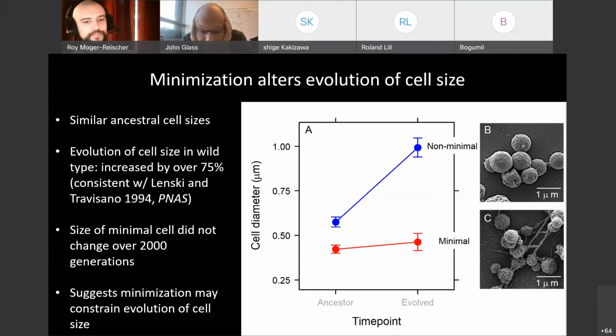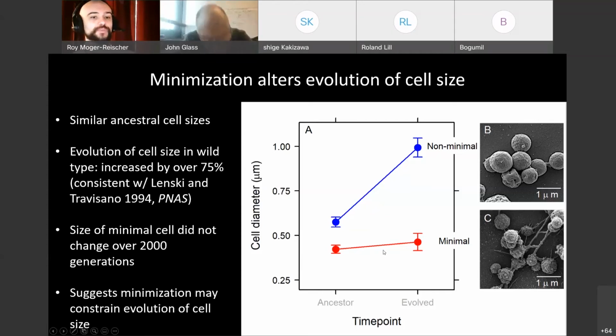And so given these observations of morphology, we wondered, well, can we show that this is due to these FtsZ mutations? So collaborators at JCVI reconstructed both minimal and non-minimal cells with the ancestral genomic background, but inserting specifically these FtsZ nonsense mutations. And so we're trying to isolate the effect of this single mutation.